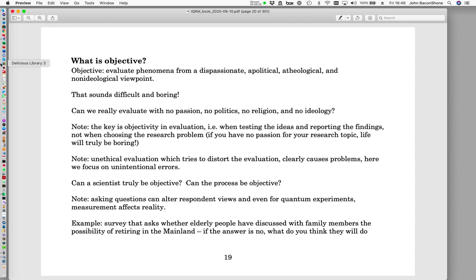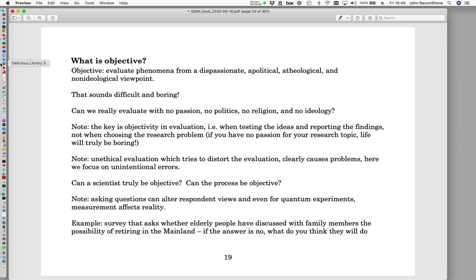Asking questions in a way to try and downplay people's views is clearly unethical. But sometimes asking the question can affect the respondent views in ways that are not so obvious unless we give some careful thought. Even if you're a physicist, in a quantum experiment, we know that measurement affects the thing you're trying to measure.